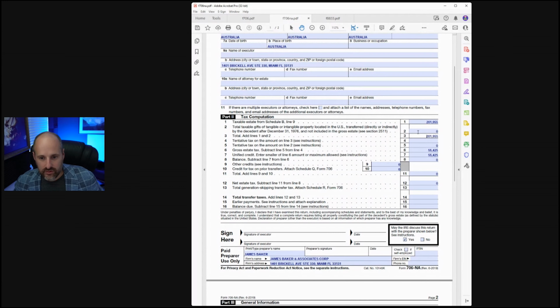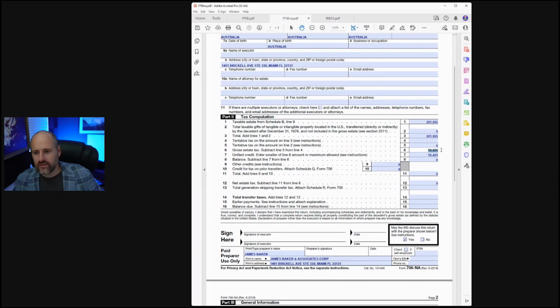Already it's 7 minutes. So from this taxable estate 201, we put it up here, taxable estate from Schedule B, line 9. This is the gifts located in the U.S. It's almost always zero for me. Tentative tax on line 3, tentative tax on line 2, and then the gross estate tax. And this is line 5. Subtract line 5 from line 4.